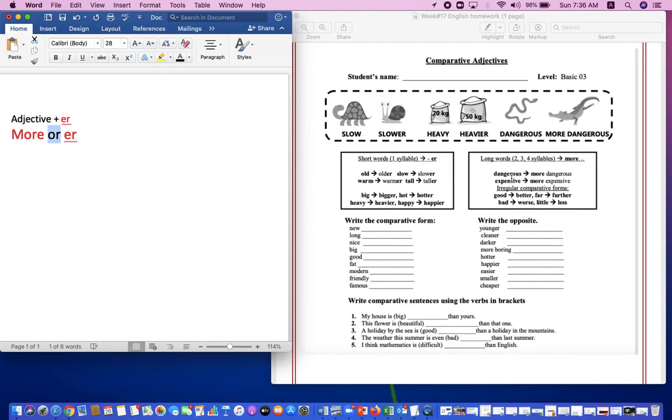If it's more than two syllables, I have to add more. So if I had an adjective like old, it will be, yes, older. What about beautiful? It will be more beautiful.